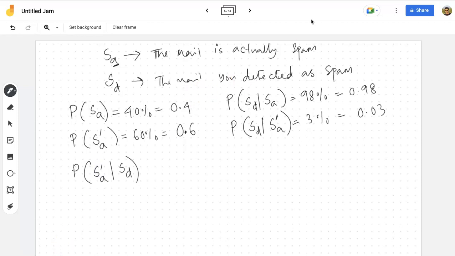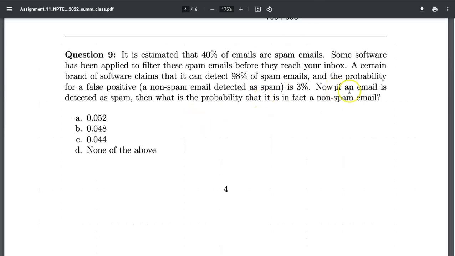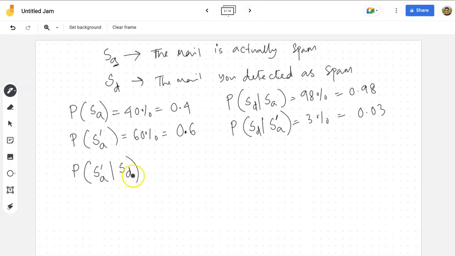So that is the thing they are asking. If an email is detected as spam, then what is the probability it is in fact a non-spam email. So you detect it as spam, but what is the probability it is actually non-spam.